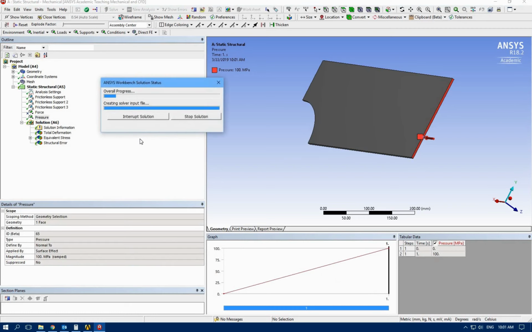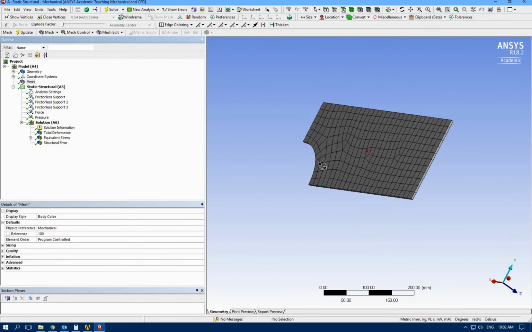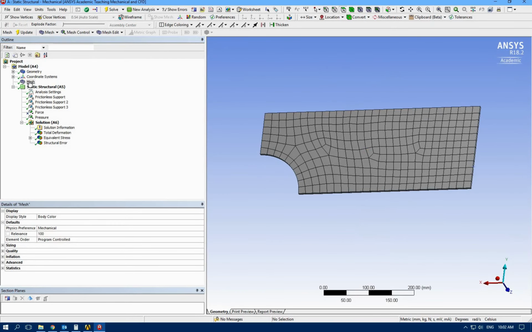Okay. Let's solve it. I didn't check mesh quality, so I need to go back to the mesh and check if it was the default mesh or if I already improved it. Okay, it's the default mesh. So let's improve the stress concentration area.